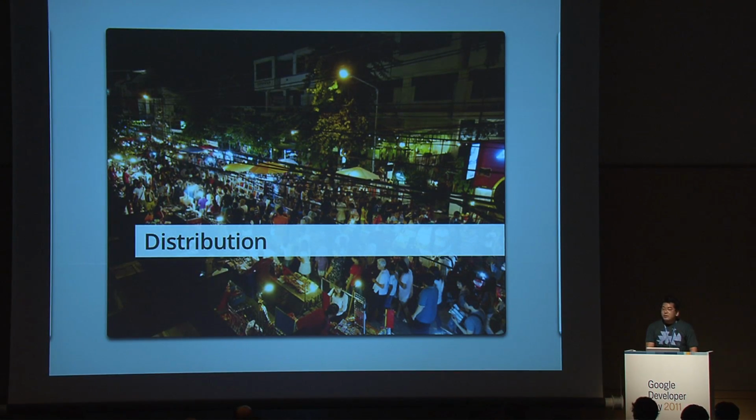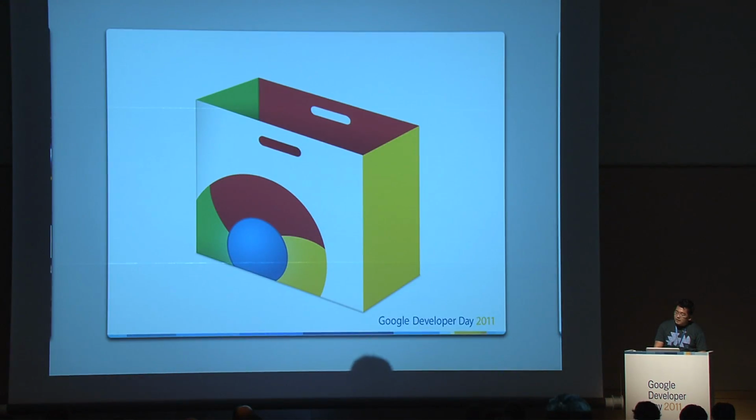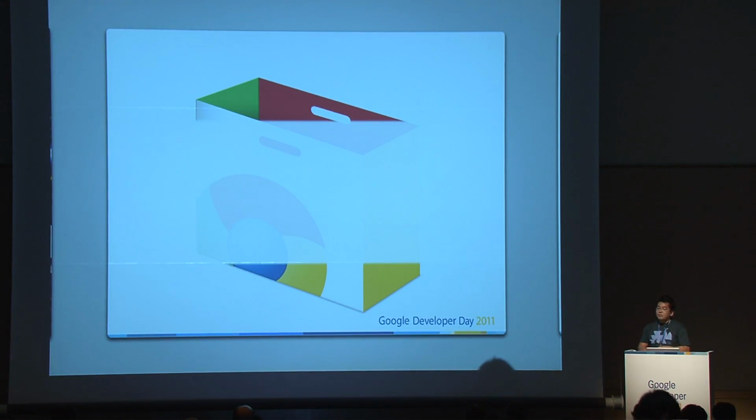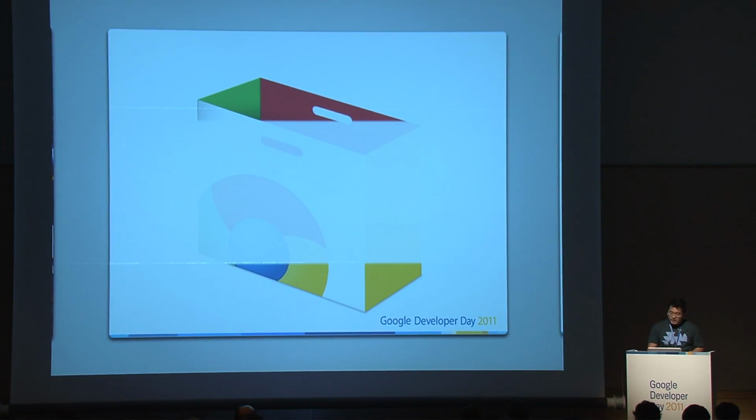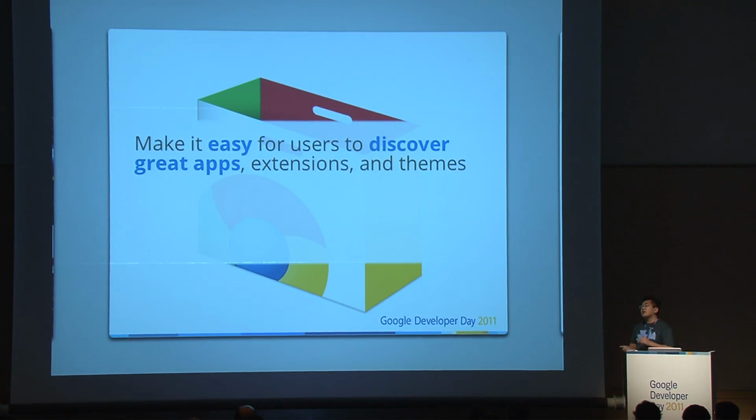So the first step is always distribution. How do you get your web app into the hands of your users? One of the easiest ways to do that is to use something called the Chrome Web Store. The Chrome Web Store is analogous to the Android marketplace, but for the web.